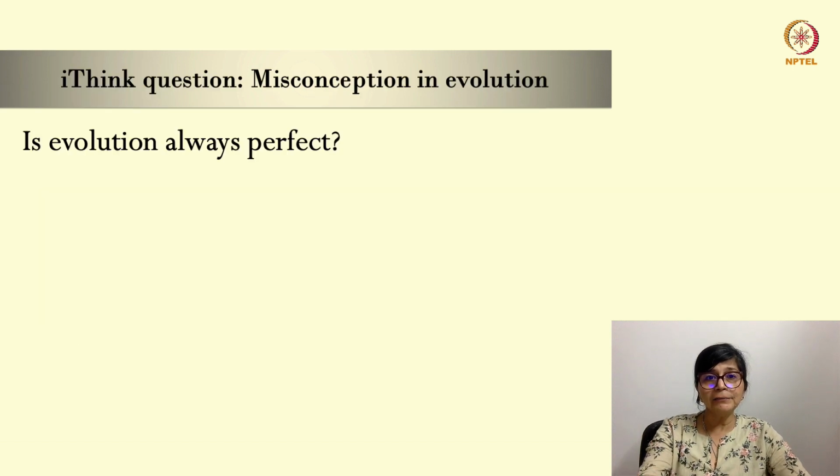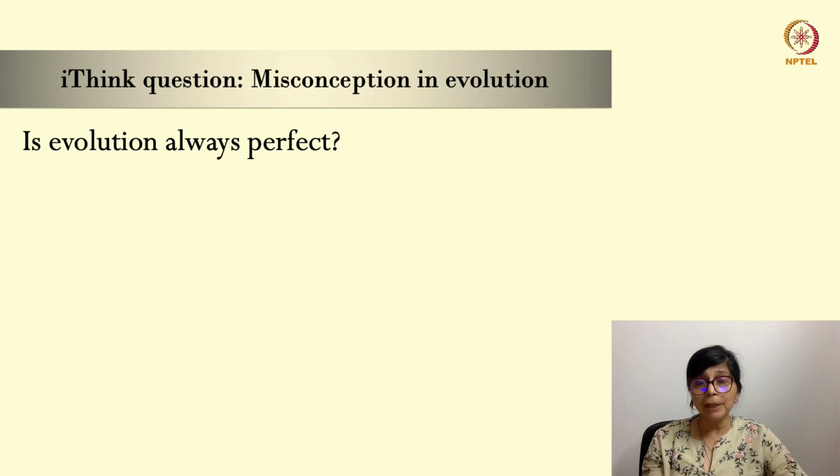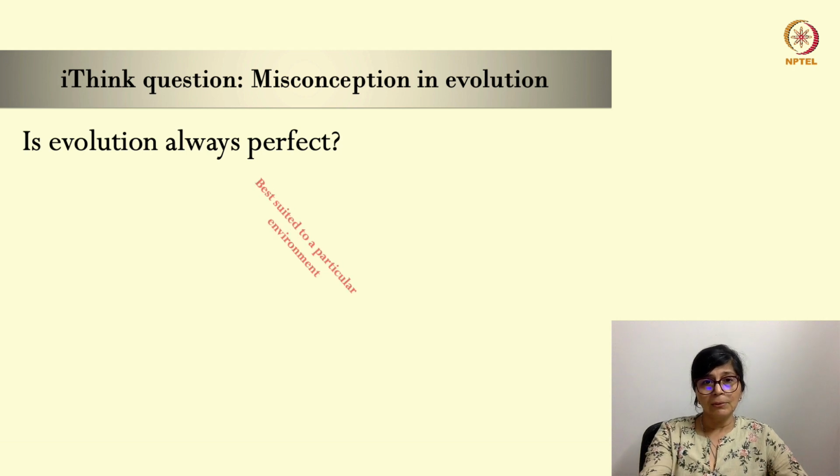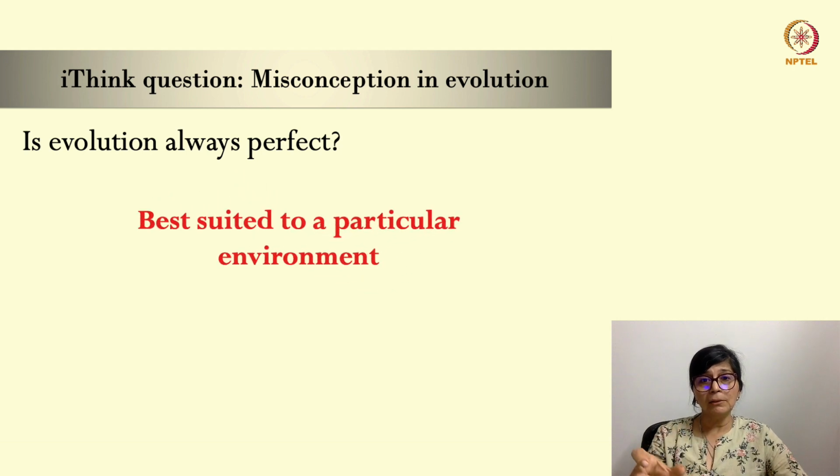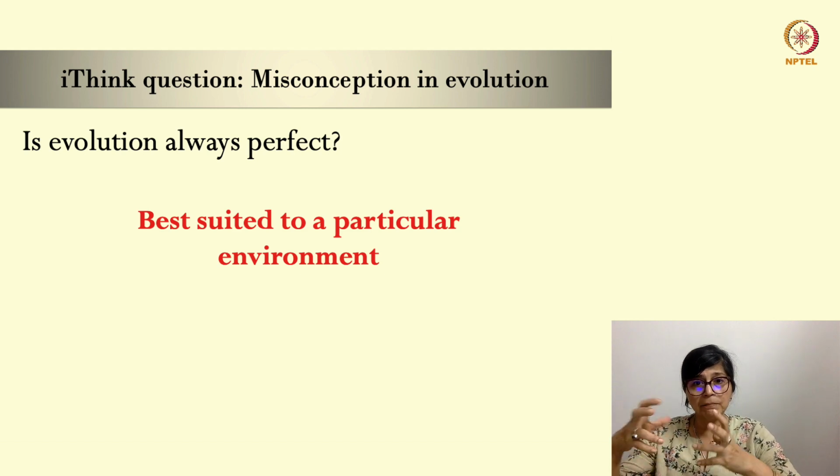So with this, we will address an existing misconception in evolution. Is evolution always perfect? What do you think? We always say that evolution makes a phenotype that is best suited for a particular environment.